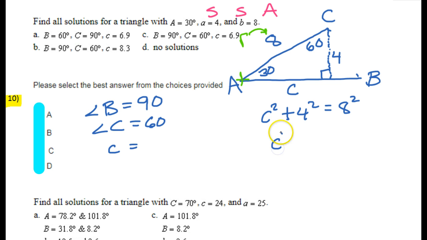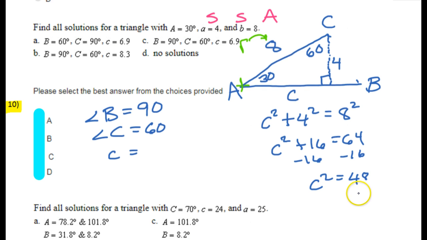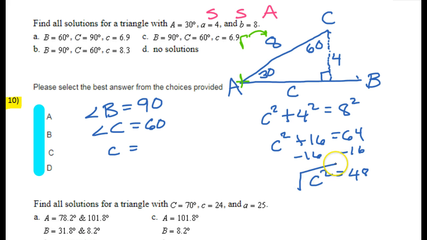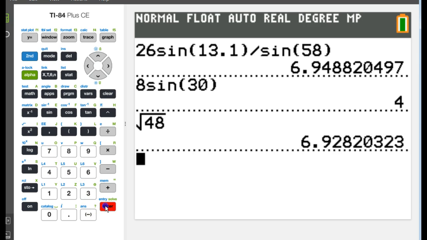So this is C squared plus 16 is equal to 64. Subtract 16 from both sides, so we have C squared is equal to 48. Then you would take the square root of both sides. What is the square root of 48? That is 6.9.